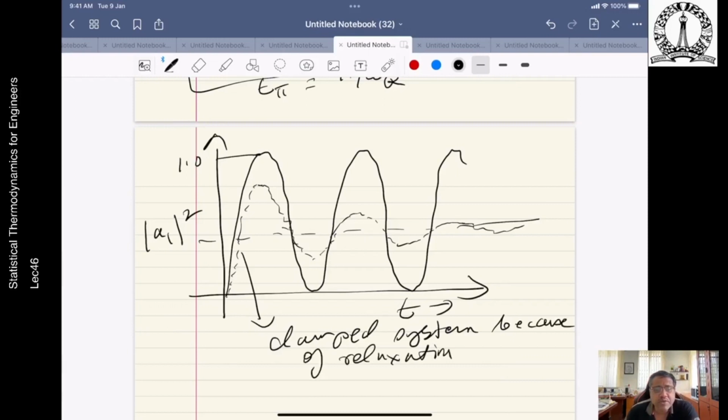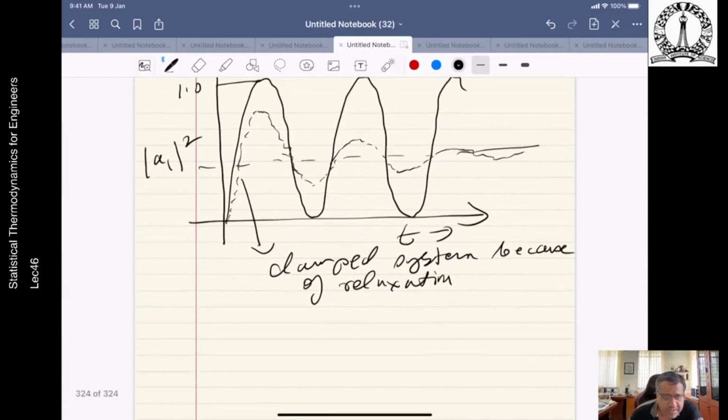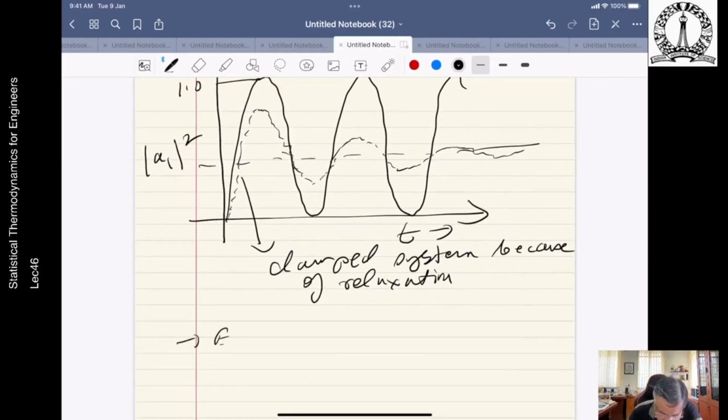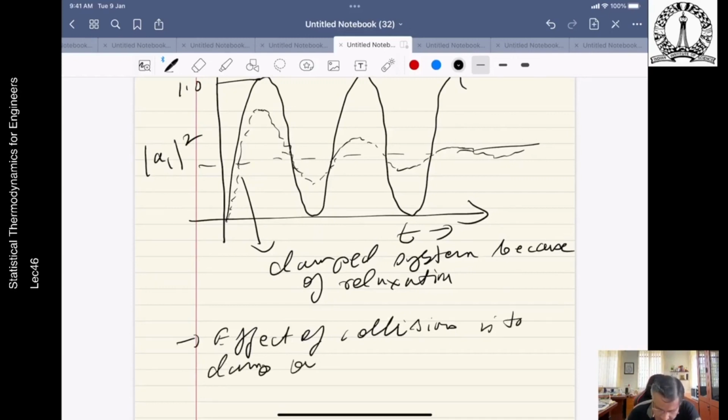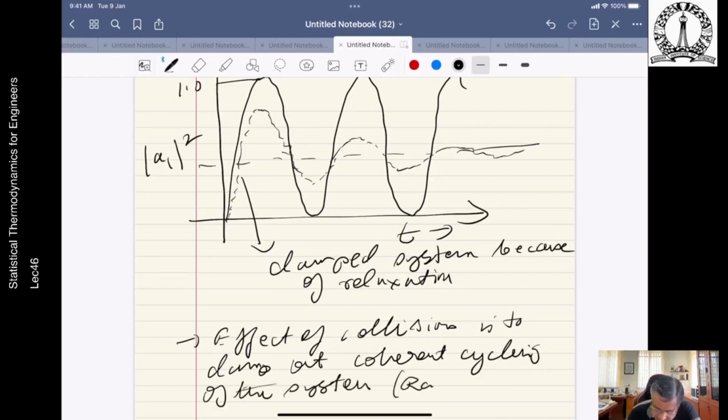So the effect of, for example, collisions and other relaxation phenomena is to damp out the coherent cycling of the system, also called the Rabi oscillations.